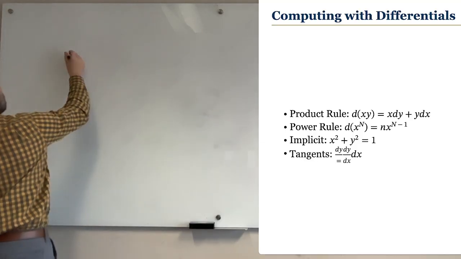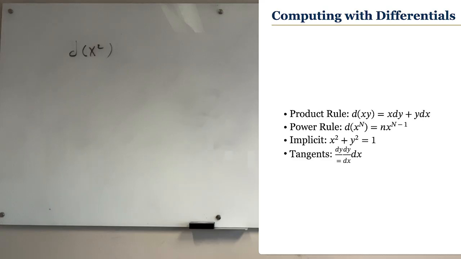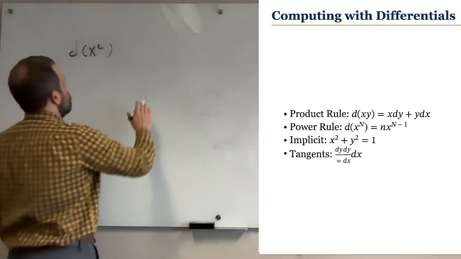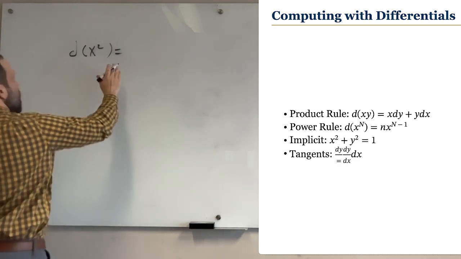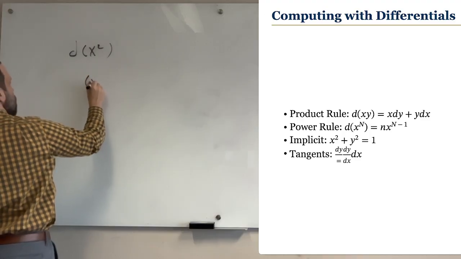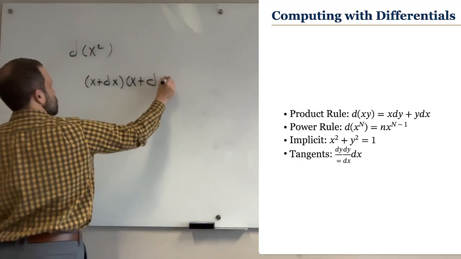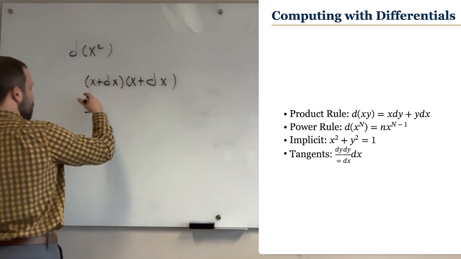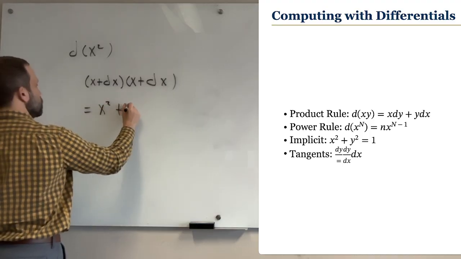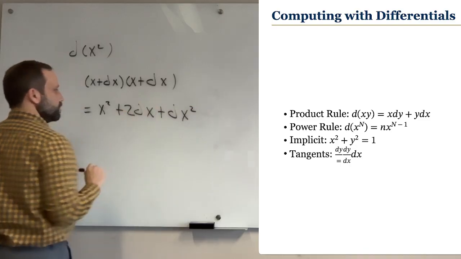So let's think about dx squared. What we're going to work with, before we even get here, is x plus dx times x plus dx, and when you just do ordinary algebraic operations here, you're going to get x squared plus 2dx plus dx squared.